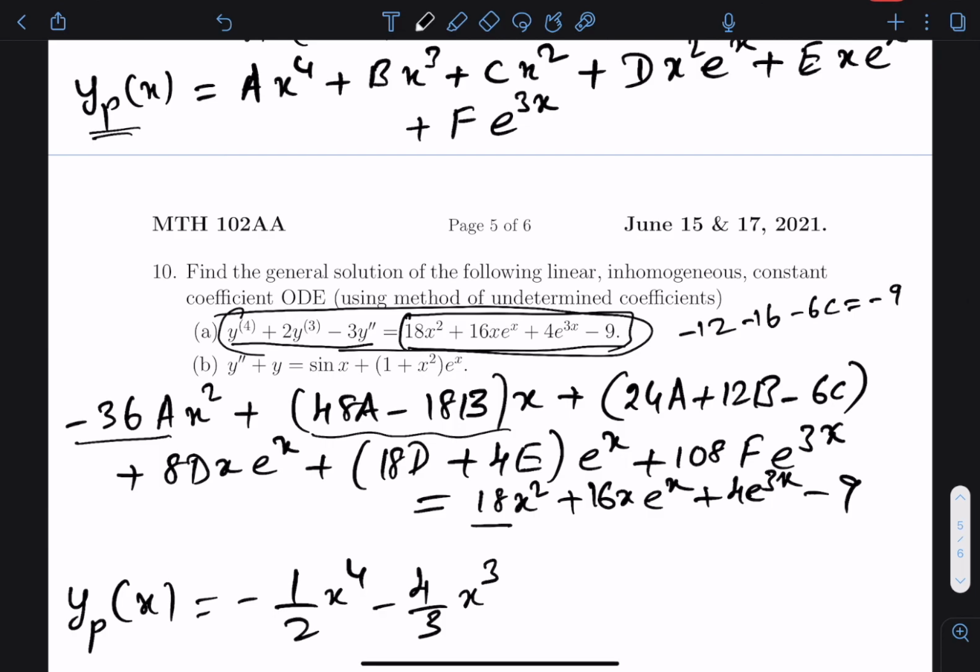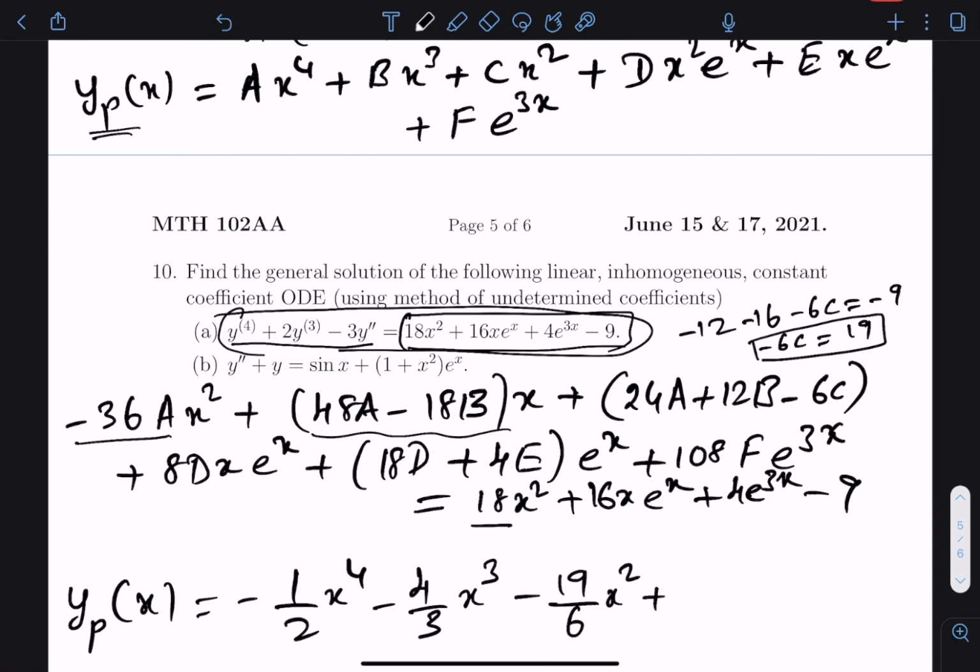So that gives you minus 6c is equal to 16 plus 12 is 28, 28 minus 9 is 19. So c is minus 19 over 6. So it's minus 19 over 6 x square.